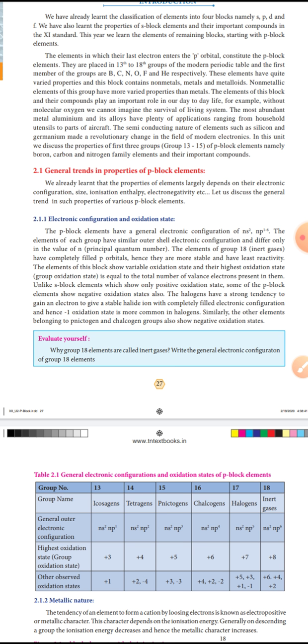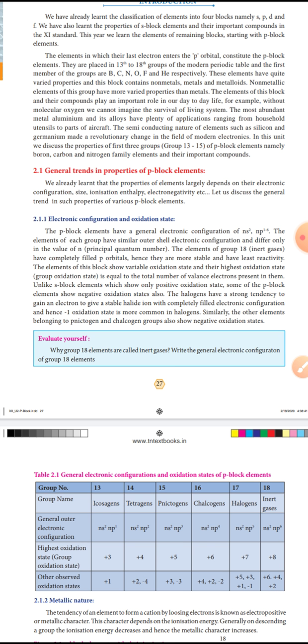The most abundant metal is aluminum, and aluminum and its alloys have plenty of applications ranging from household purposes to semiconductor materials. Semiconductors such as silicon and germanium we will also study in p-block elements.